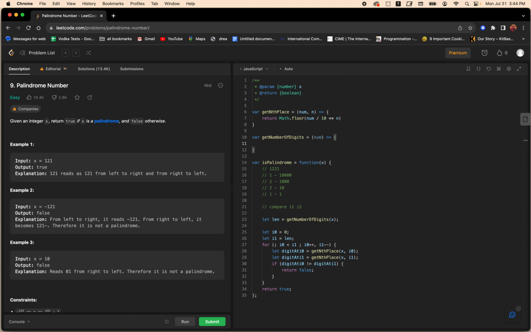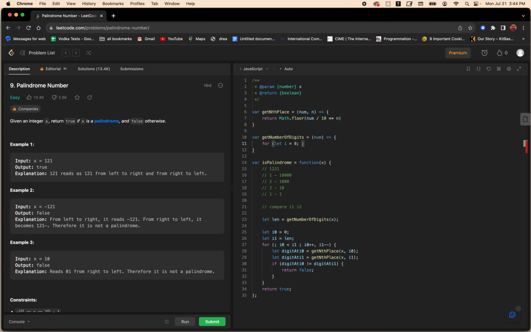Let's start with the first. Let's just increment some numbers. Why don't we just do this? For let I equals 0. We start at 1. I think the 0 power is 1, right? Okay, so we will start at 0.